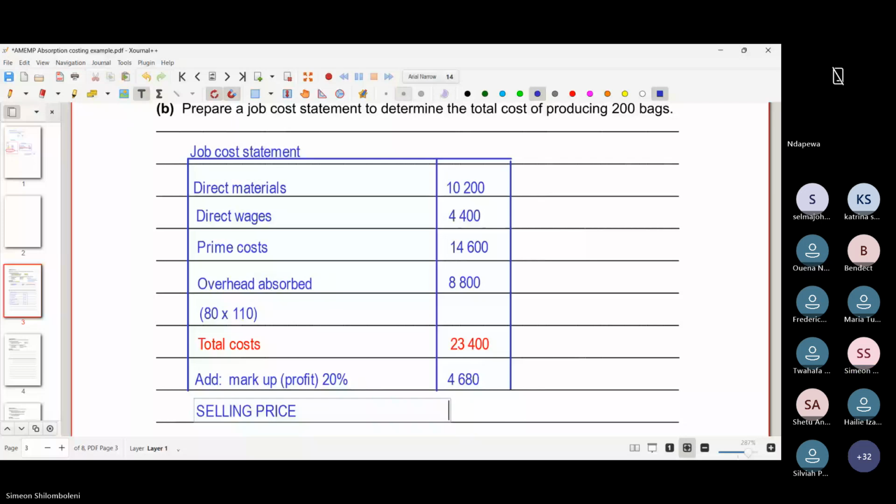Now, what I want you to observe here is, if you check this, it only costs 14,000 to make the bags, but the customers ended up paying 28,000.